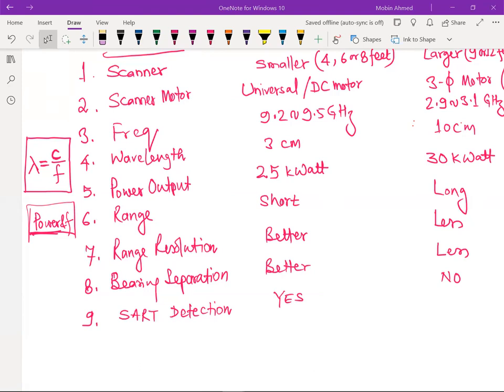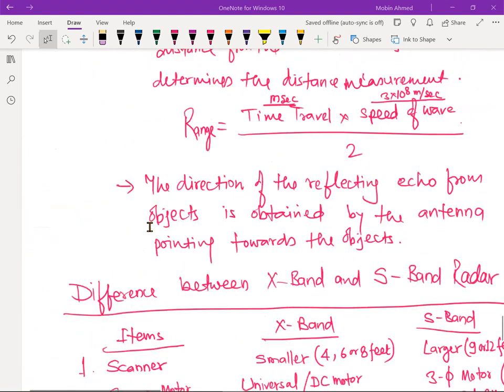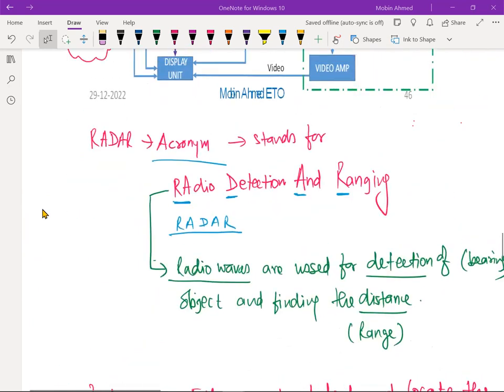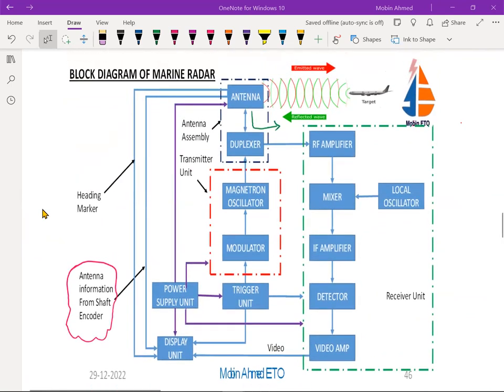Can you repeat the bearing? Okay, bearing means direction. How are we going to find the direction? The antenna position, which side it is facing, because the antenna is going to rotate 360 degrees. At a particular given time, which side the antenna is facing, that information is going to come from the shaft encoder that is attached with the antenna.